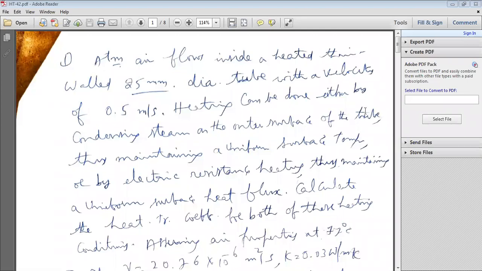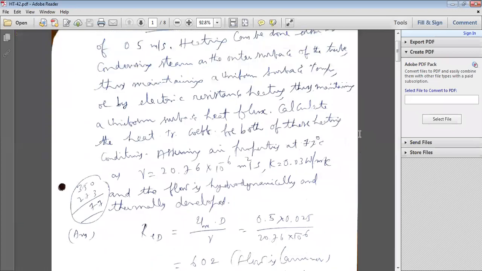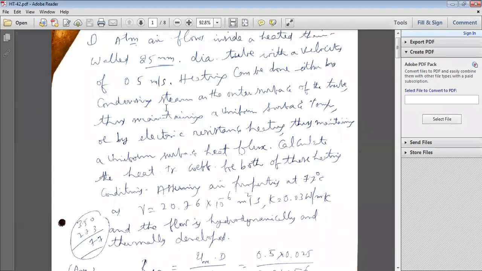Heating can be done either by condensing steam on the outer surface of the tube, thus maintaining a uniform surface temperature. So if steam is condensed on the surface of the tube, you can maintain uniform surface temperature, that is constant wall temperature. That is one condition. The other condition is electrical resistance heating, by using an electrical heater, thus maintaining uniform surface heat flux.